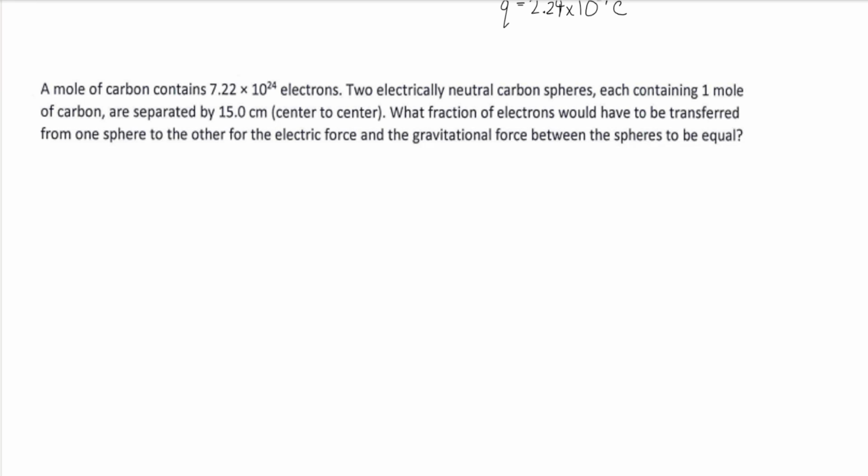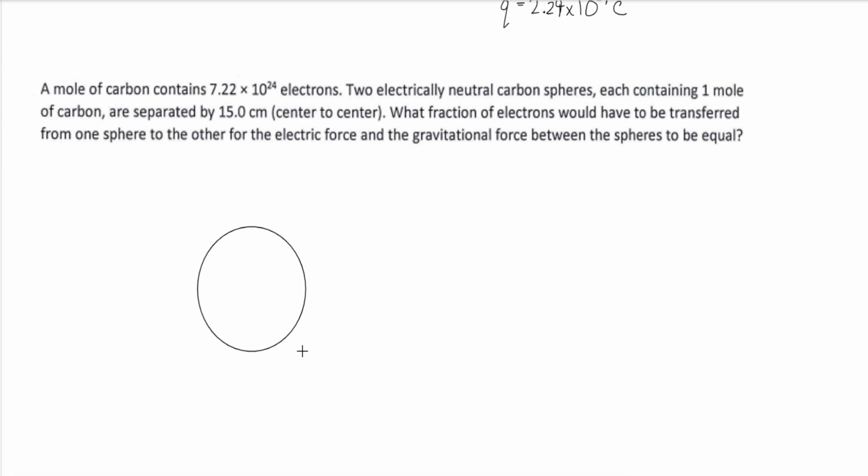Okay. We got that they're neutral. So you've got more. What's the setup here? Is there strings? Are they hanging? What's the deal? So we've got how many spheres? Two spheres. Okay. Do you know how far apart they are?